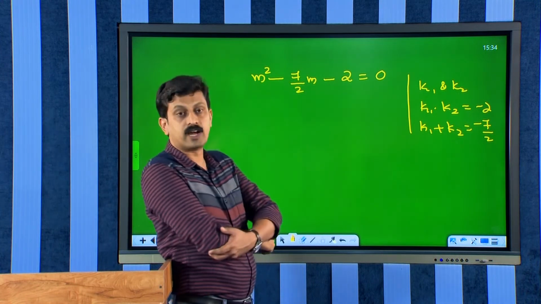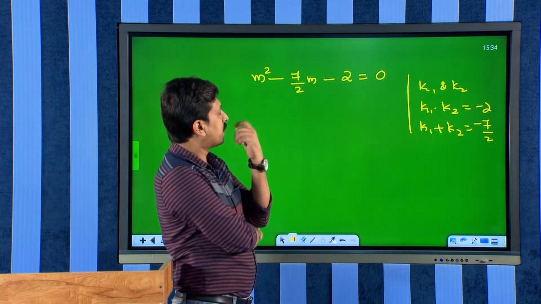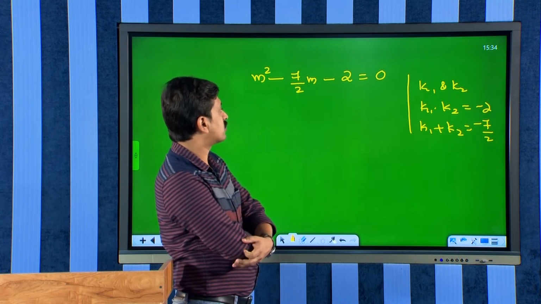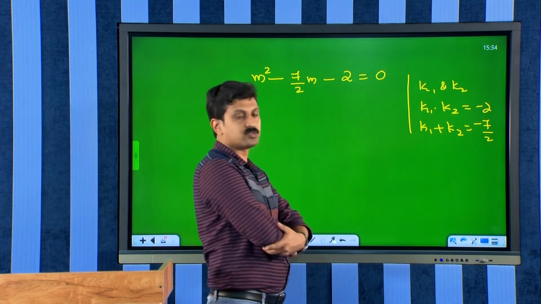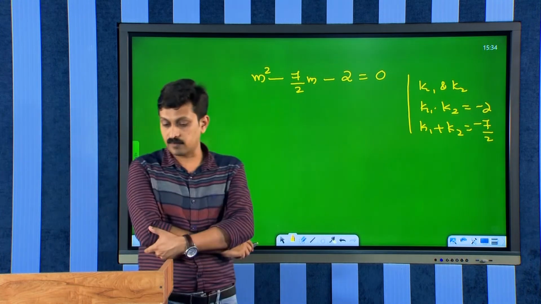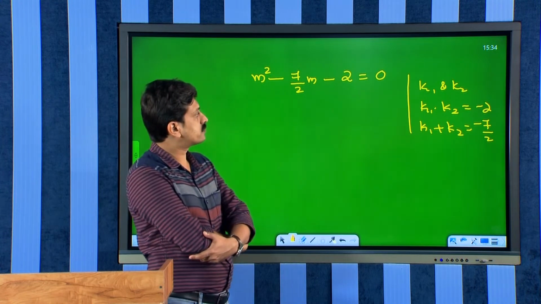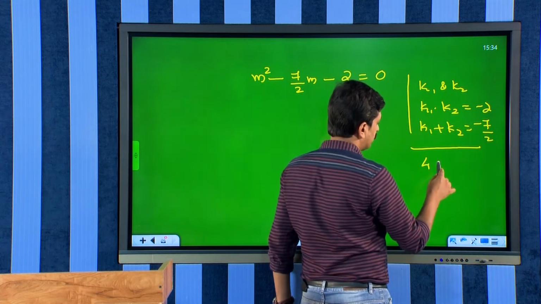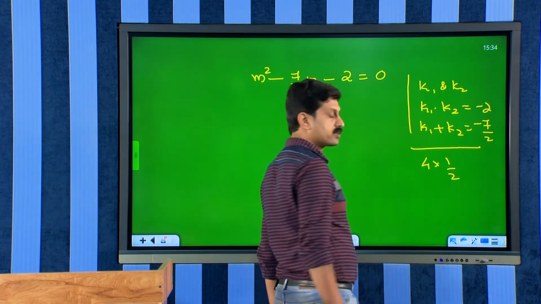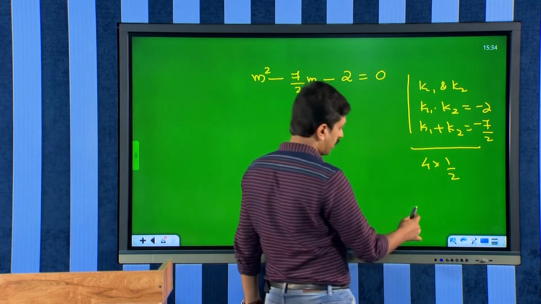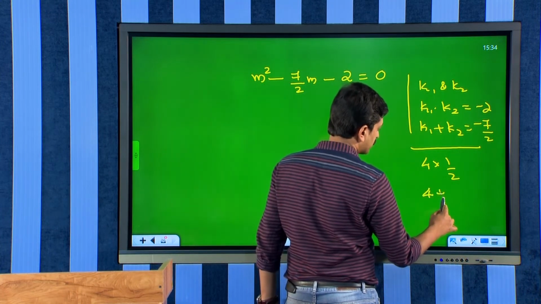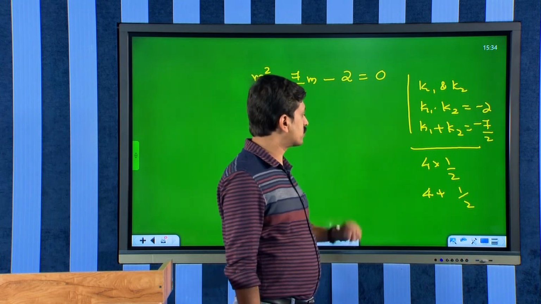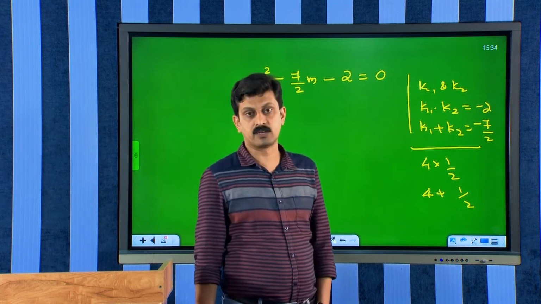So, which are those values whose product is equal to minus 2? I would like to take 4 into 1 by 2. Now, 4 into 1 by 2 equals 2, and 4 plus 1 by 2 equals 8 by 2 plus 1 by 2, which is 9 by 2.